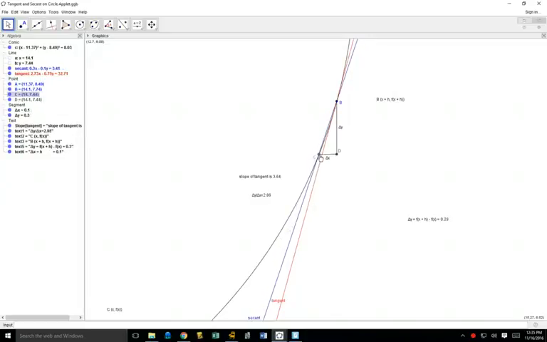Now it's at 3. And as we get closer and closer, can you see how that blue line is getting closer and closer to the red line? And as that triangle gets so small that it's the same, then your secant line and your tangent line will become the same.